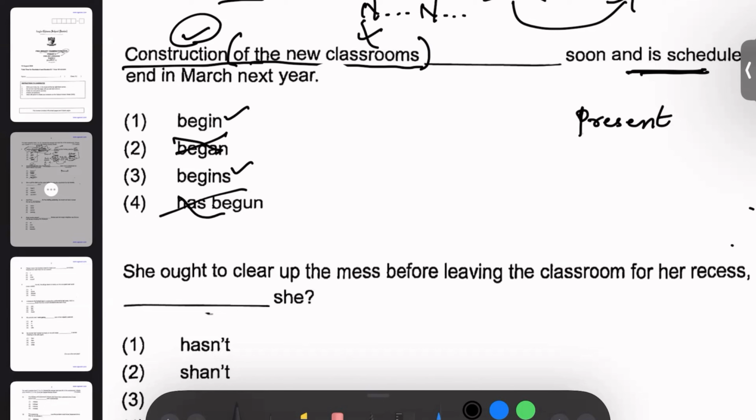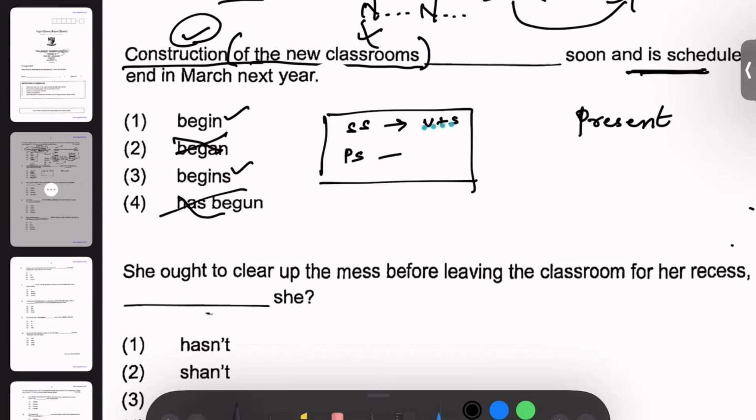Always remember this rule. For any singular subject, the verb should be added with S. For any plural subject, the verb should not be added with S. If you remember this simple formula, you will be able to crack these kind of questions.